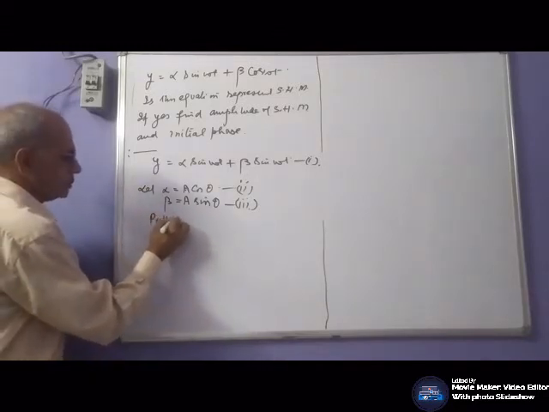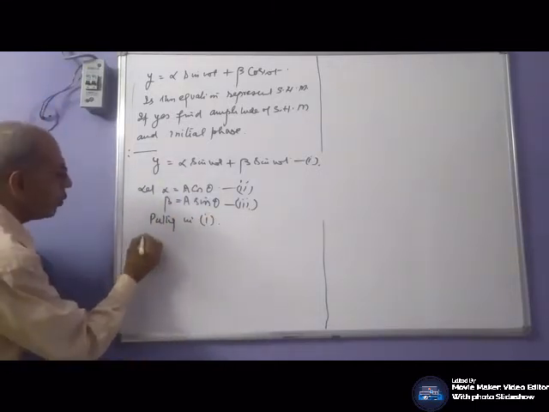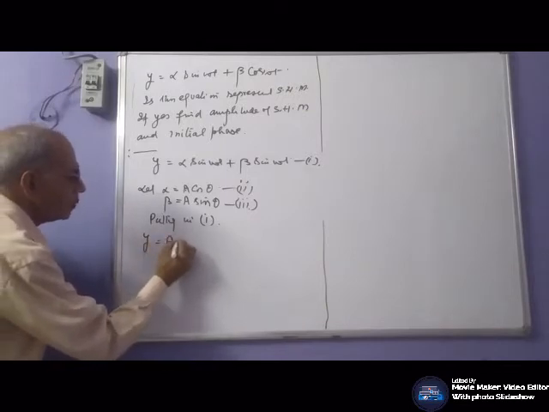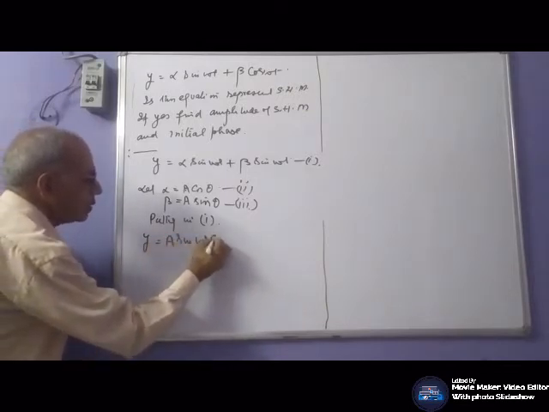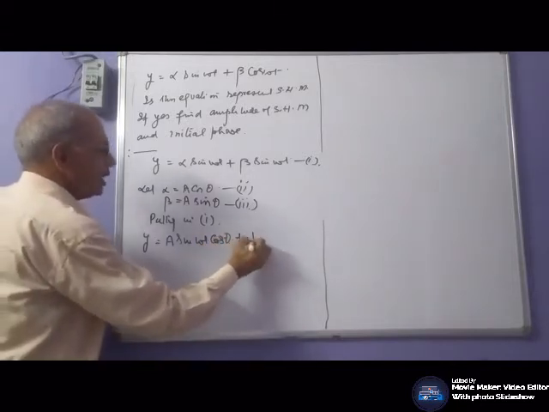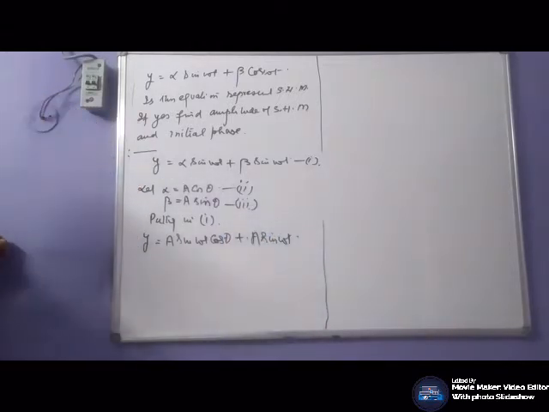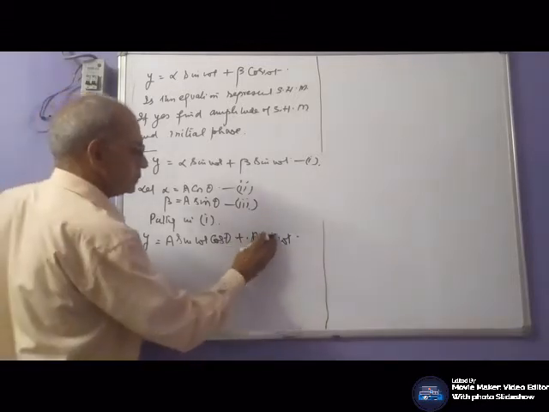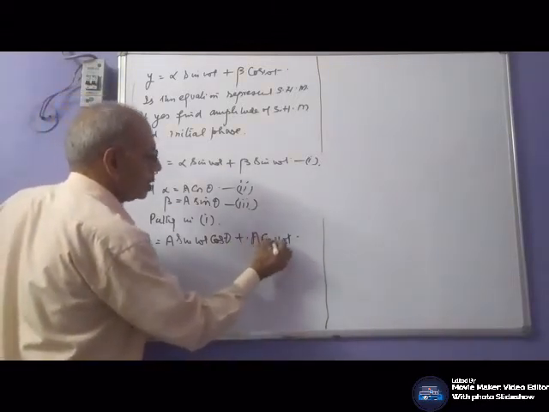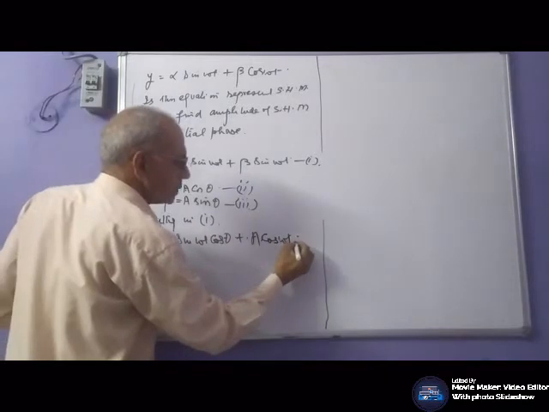Putting in the first, y equals A sin omega t cos theta plus A cos omega t sin theta.